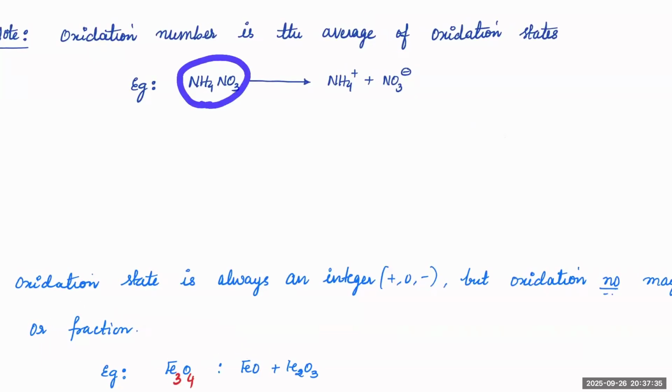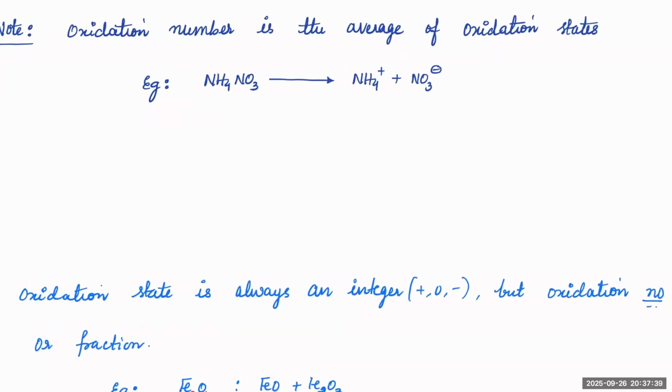If I have ammonium nitrate, it usually exists in this form, that is NH4+ and NO3-. Now, if I take NH4+, structurally it would have four bonds this way: hydrogen, hydrogen, hydrogen, hydrogen with a plus charge on it. Nitrogen usually has more electronegativity.